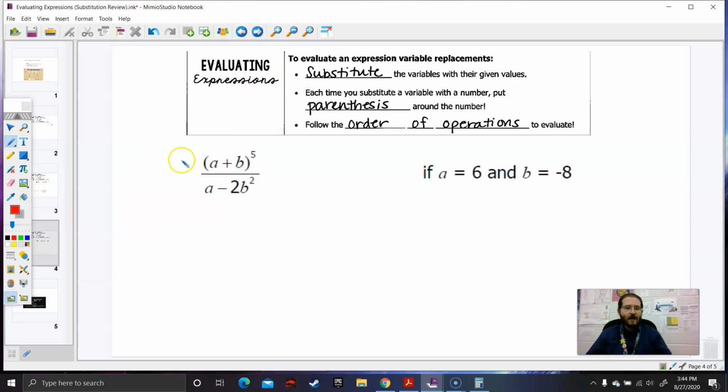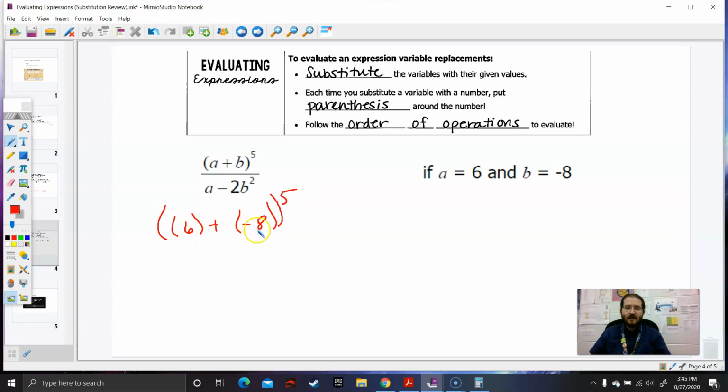All right, last one. So the top, we're going to substitute. Since this is already in parentheses, we're going to do that again. We substituted that a for 6. All right, so we got to solve that first.